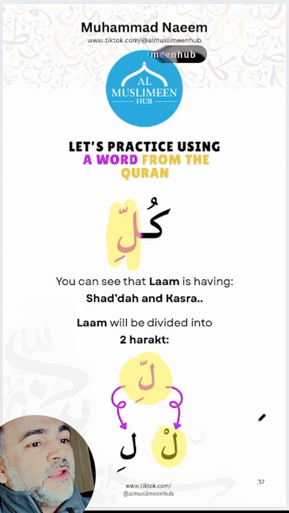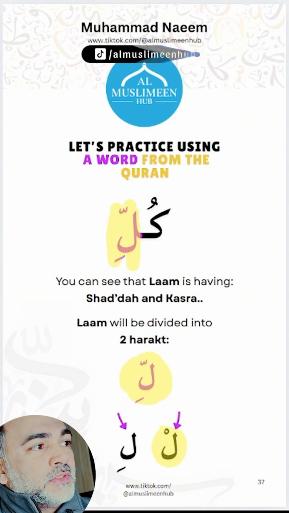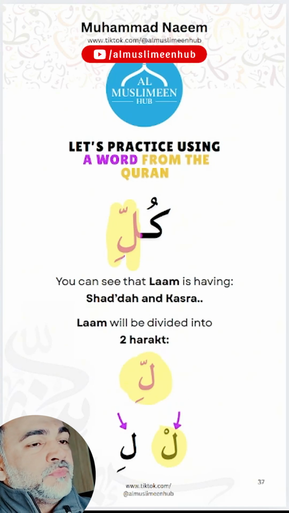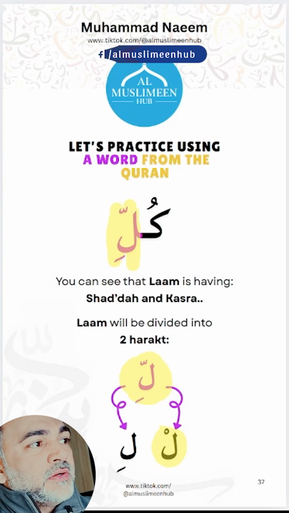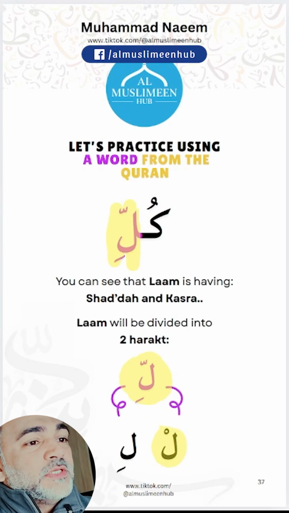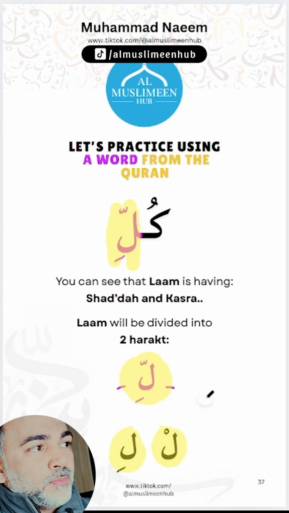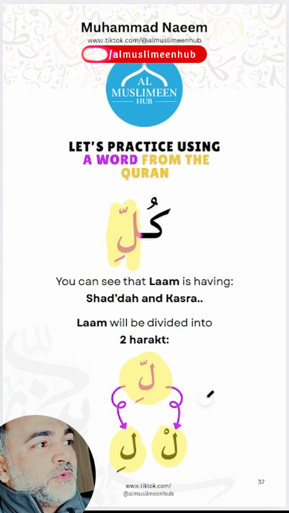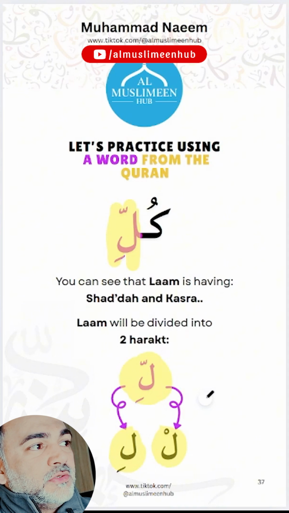I'm going to read the word kulli in one component, that is kul. I finished reading the first component of shadda. Now let's check what harakah is there below or above the shadda, and we have kasra. So now you have to break the second alphabet of lam into the second component, that is lam kasra. Now I'm going to read the last part of the shadda, that is li.